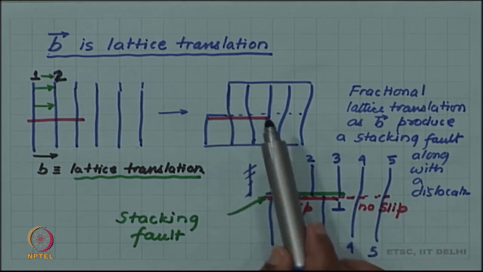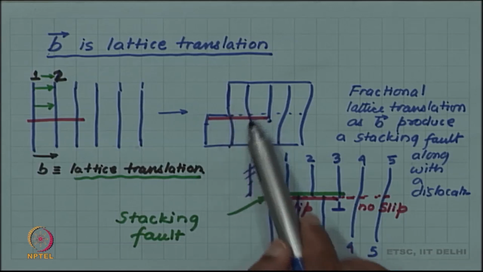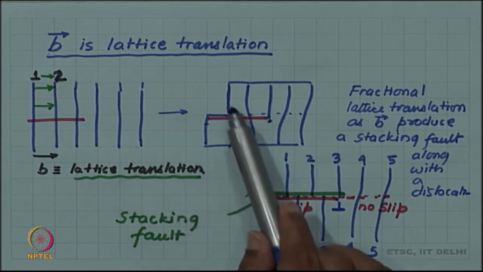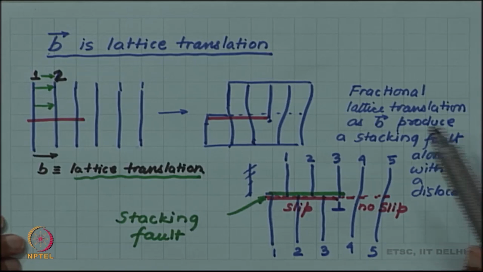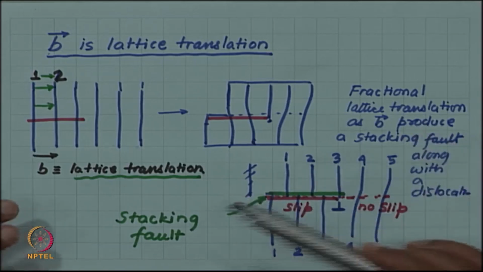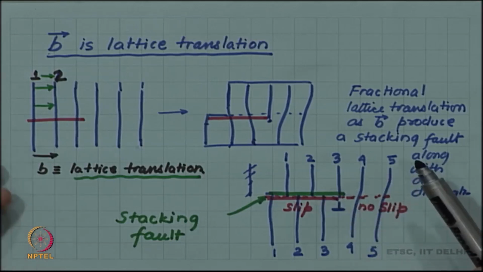So, although there is a distortion, there is no fault plane, because planes are continuous here above and below this plane. So, B should be a lattice translation if we want a dislocation unassociated with a stacking fault, and that is the kind of dislocation we are considering.